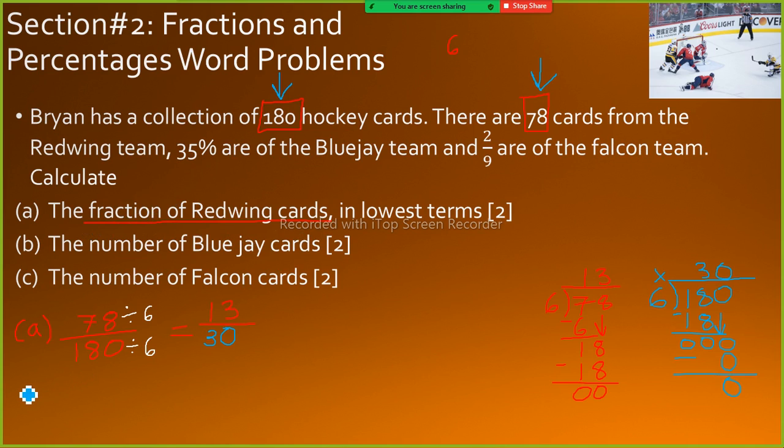Now let's do B. Okay, Deja, walk me through how we're gonna do B. We want to figure out the number of Blue Jay cards. Pardon? B, the number of Blue Jay cards. How are we gonna do that?